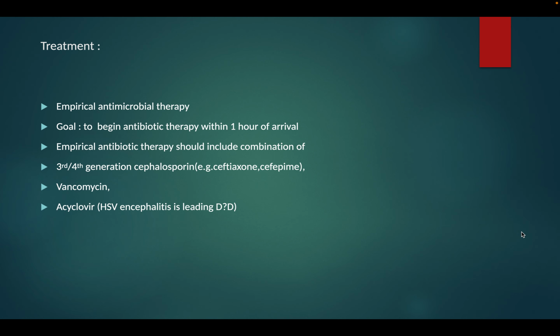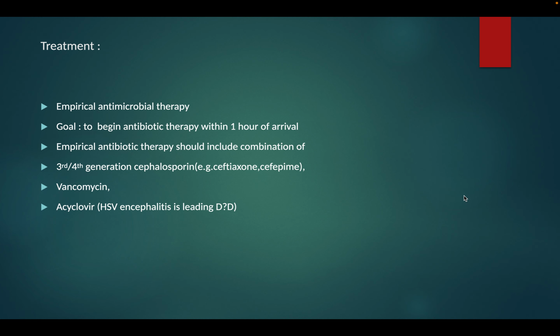It should be a combination of either a third or fourth generation cephalosporin, predominantly in the form of ceftriaxone or maybe even cefepime, because it can have good blood brain barrier penetration, along with vancomycin, because we are treating most likely the MRSAs, the community acquired MRSA, and of course acyclovir if you actually suspect a HSV encephalitis.